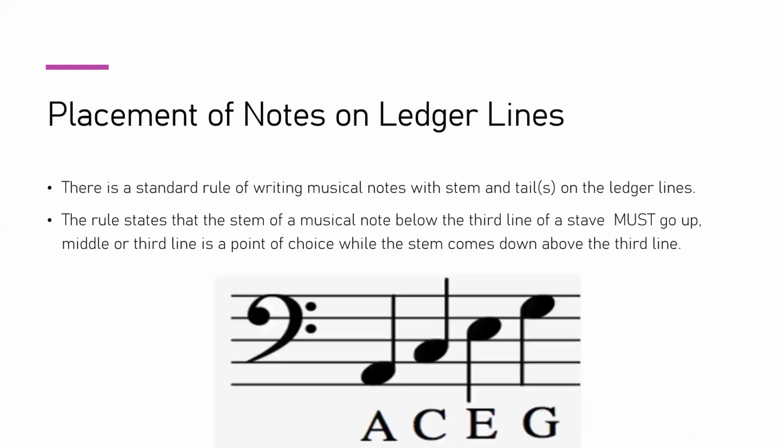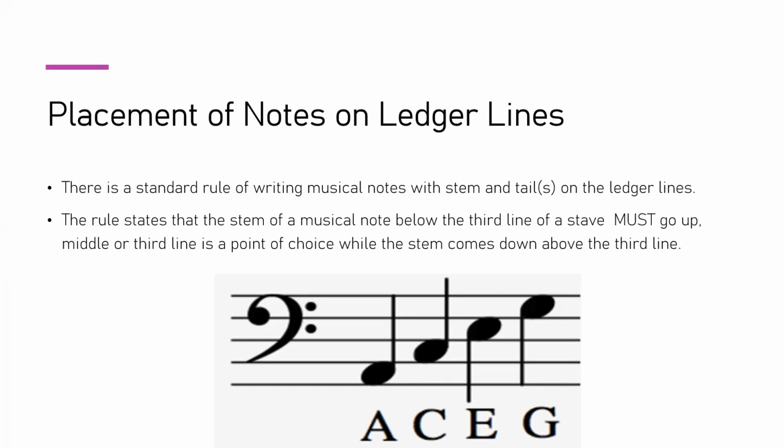So now let's look at placement of these notes on ledger lines. There is a standard rule of writing musical notes with stem and tail or tails on the ledger lines. Now, the standard rule states that any note that is below the third line of a stave, the stem must go up.